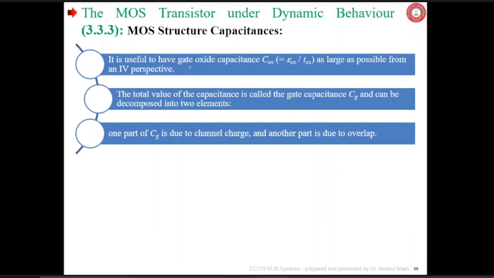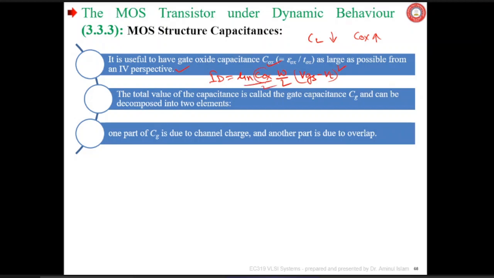So it is useful to have gate oxide capacitance as large as possible from an IV perspective. What does it mean? We say that CL smaller is better, but COX higher is better, because ID equals mu n COX W by L times (VGS minus VT) whole square, by 2.